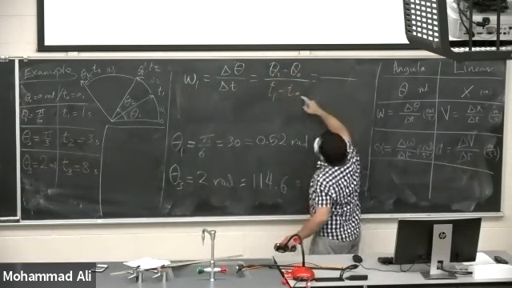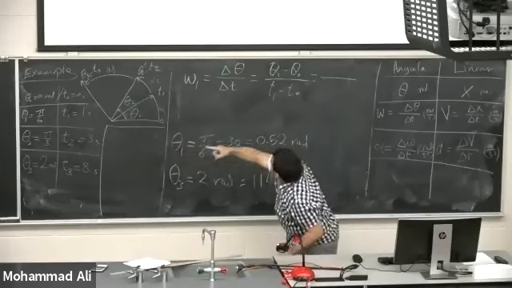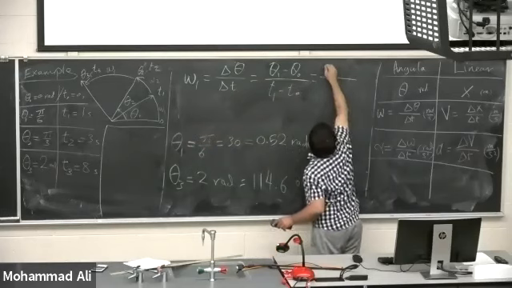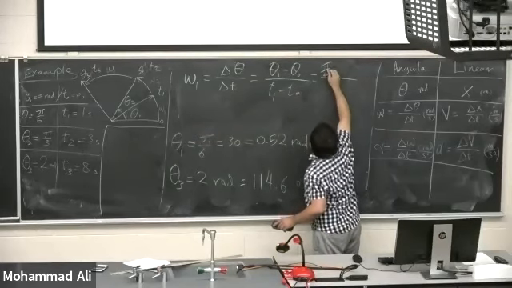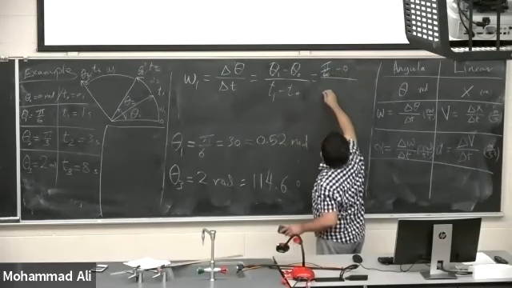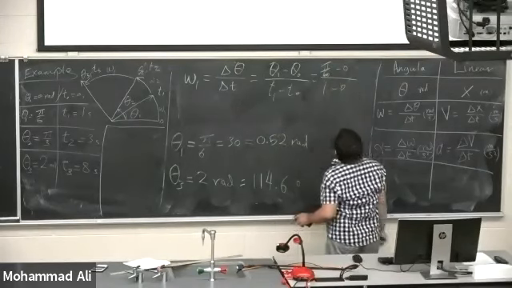This is theta 1, pi over 6, minus 0 over the time period, which is 1 minus 0.